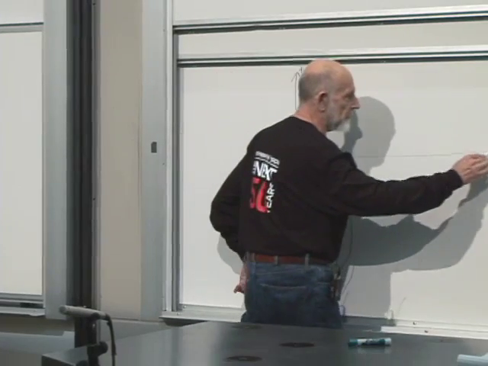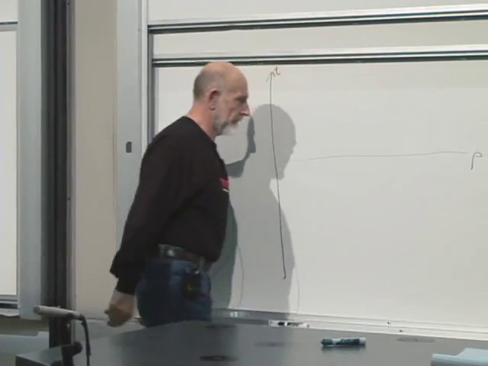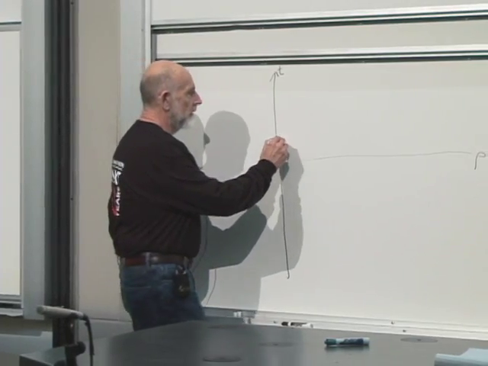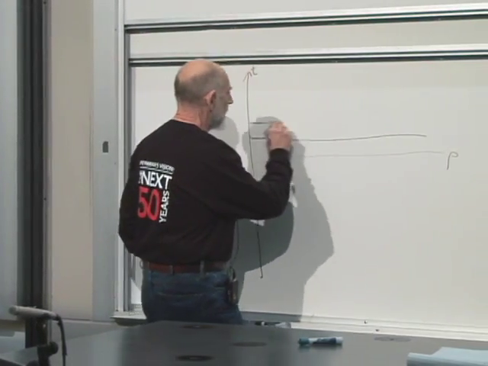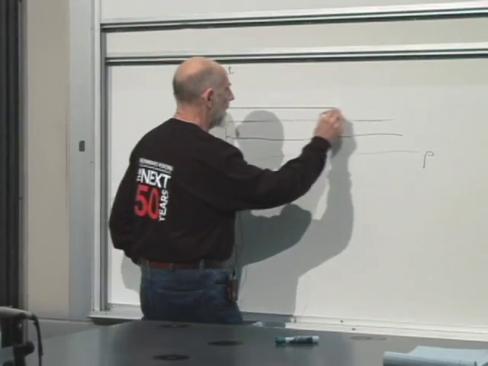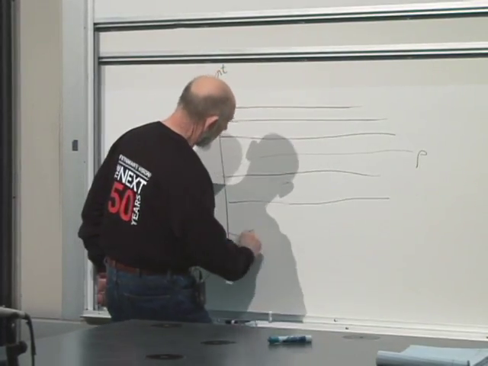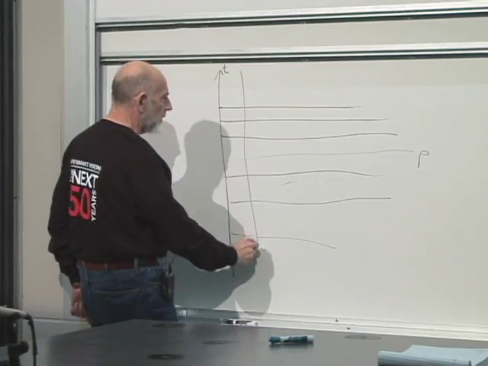Here's the rho axis. We can make a grid out of this by chopping up the time axis into intervals and then extrapolating them horizontally. And we can make a vertical grid.